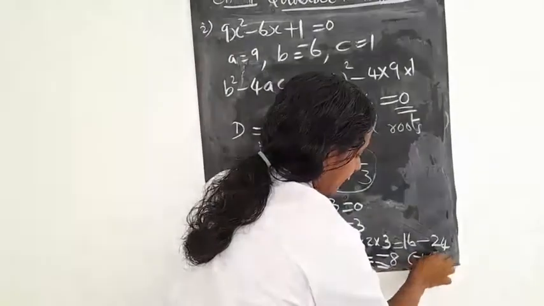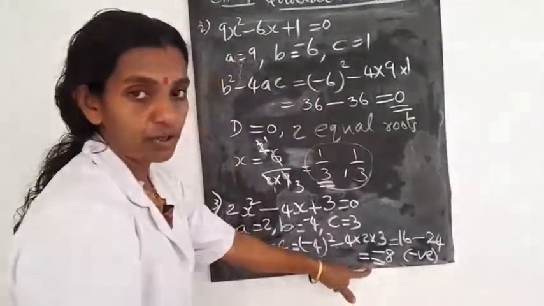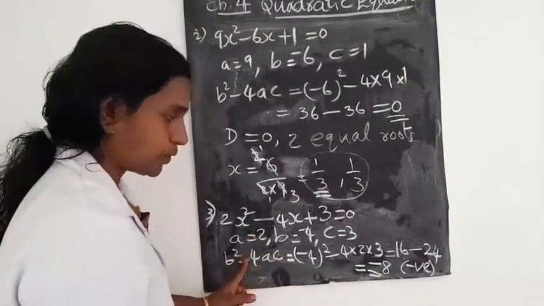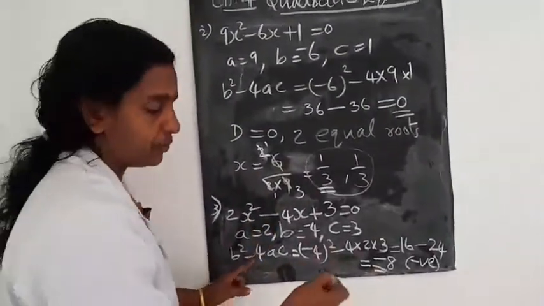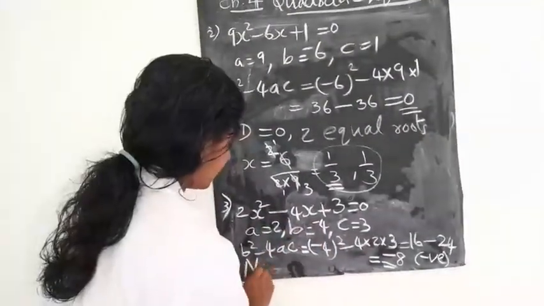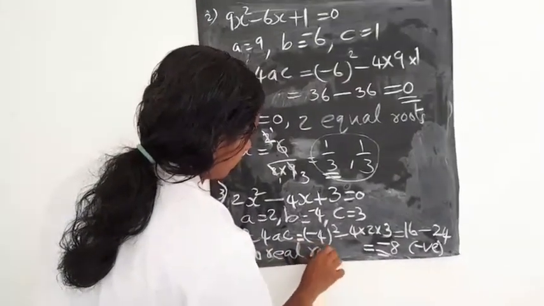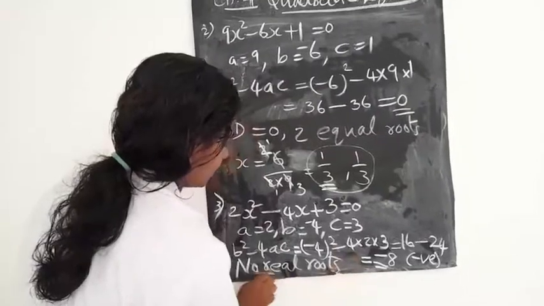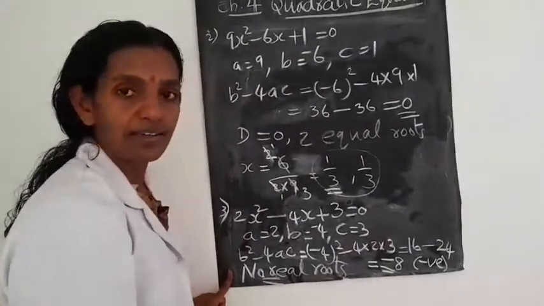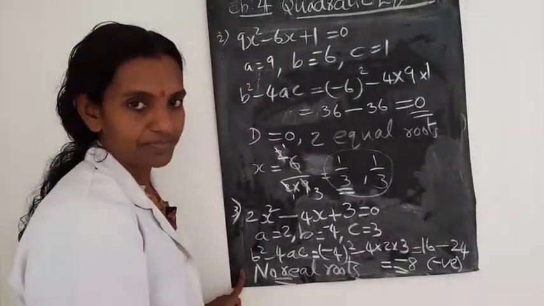So what can we say about the nature of roots? The discriminant is negative. So what can we conclude? No real roots for the given quadratic equation. Understand?